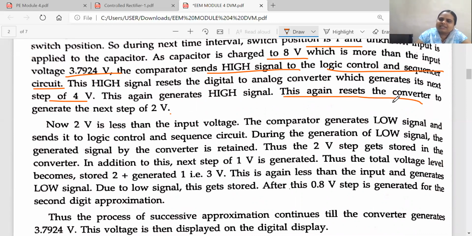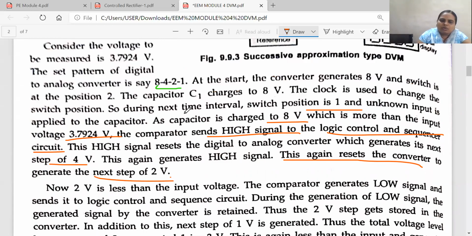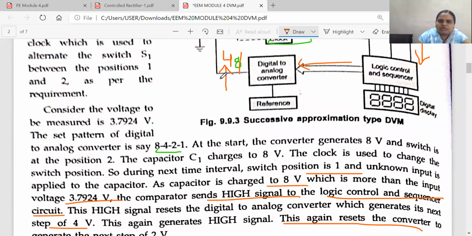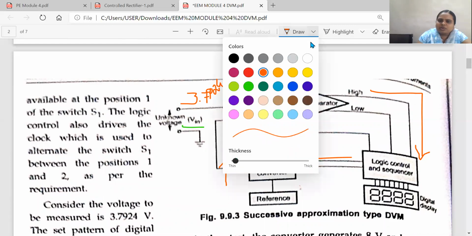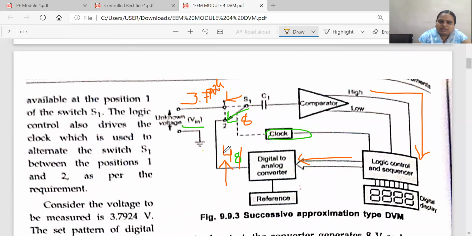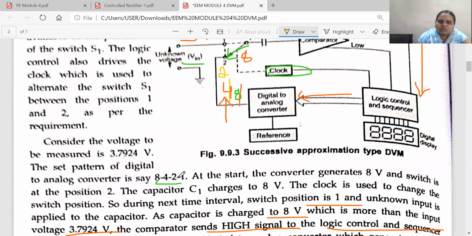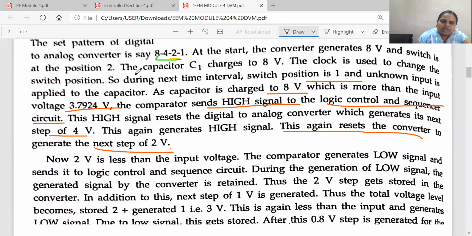This again resets the converter to generate the next step, a voltage of 2 instead of 4. 4 is finished and the next is 2.